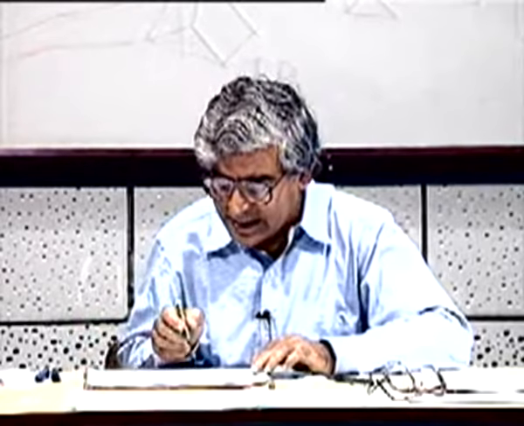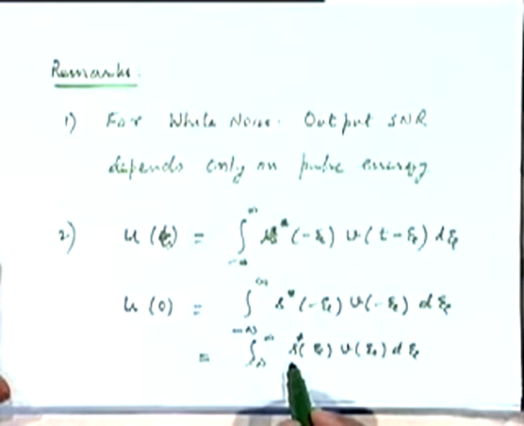So what does it tell us? That the output of the matched filter at the sampling instant, this is a very straightforward expression, but the significance is that the value that you are sampling, and based on which you are going to take your decisions, can be regarded as having been obtained by correlating your received signal with a replica of the transmitted signal, right?